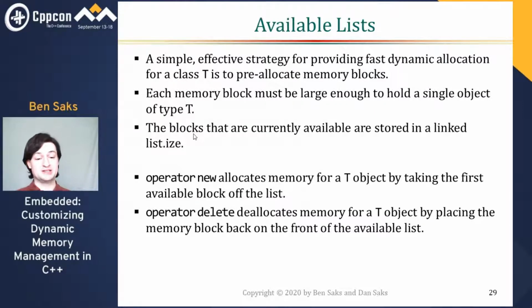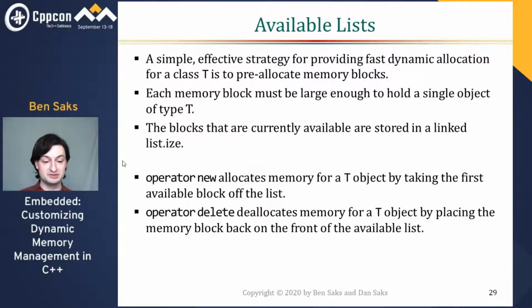But the idea is that operator new takes the first block of memory off of that list and uses that as the memory to hold a T object that you just allocated memory for. And then delete just takes that block of memory and returns it onto the front of the list.